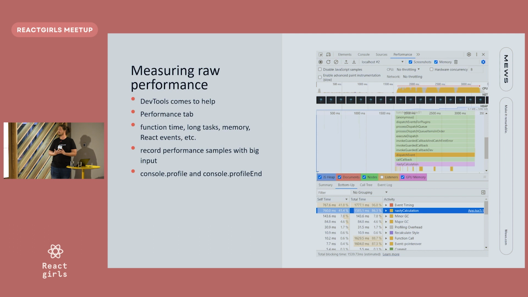Regarding the other functions of the Performance tab, you can see the function time, the total memory used, the number of nodes, React events like updating the states, a lot of useful information.